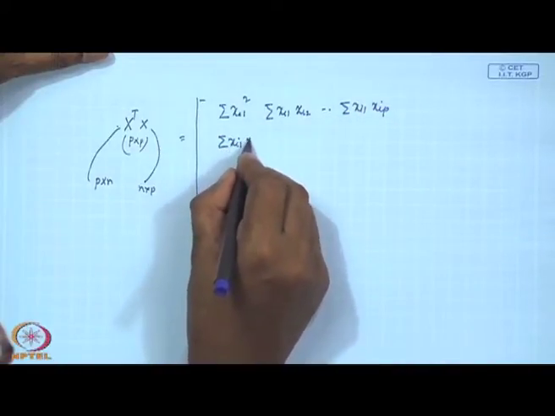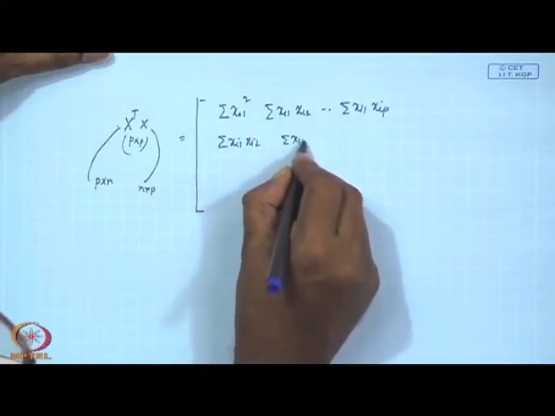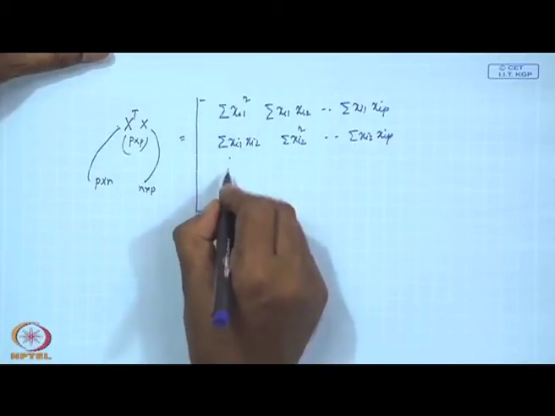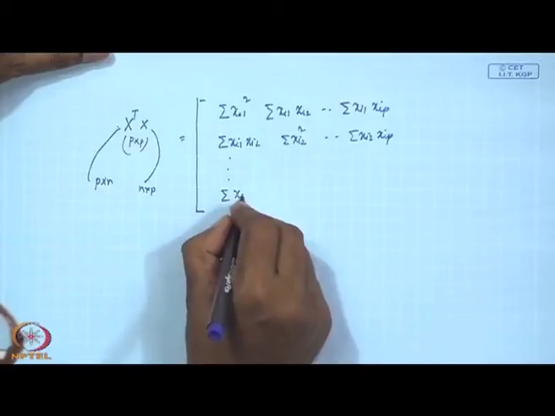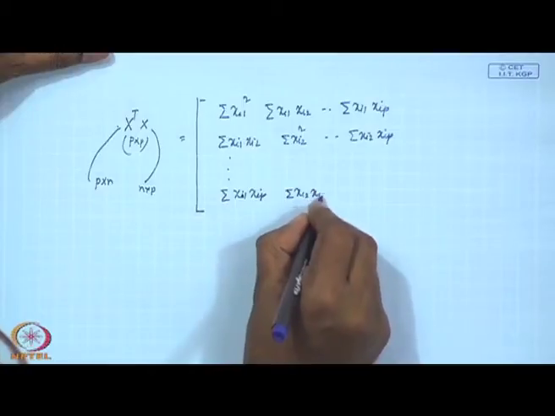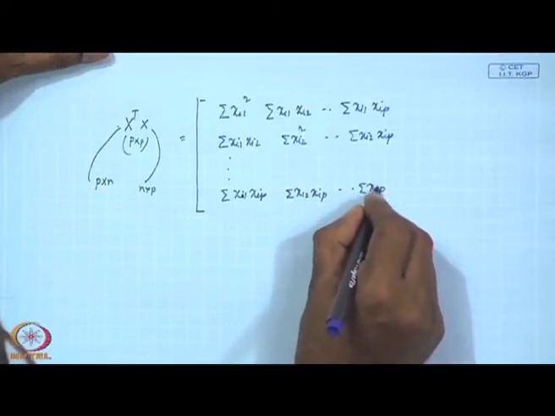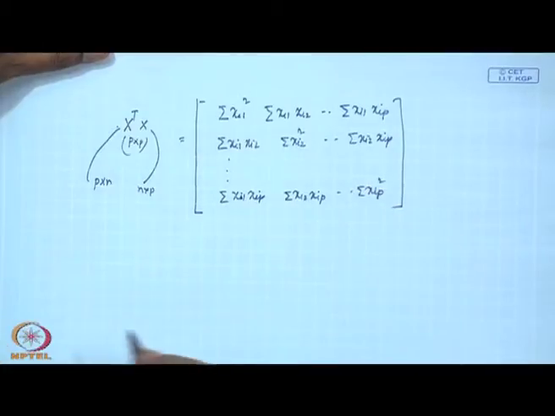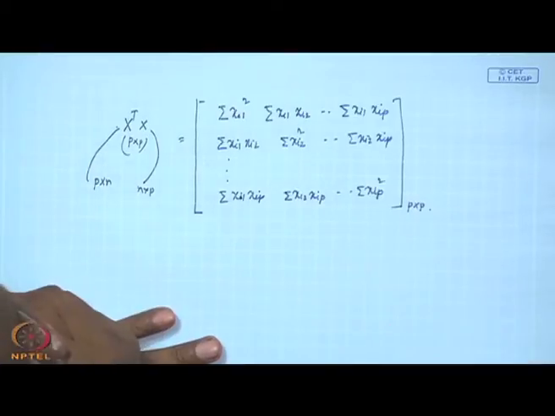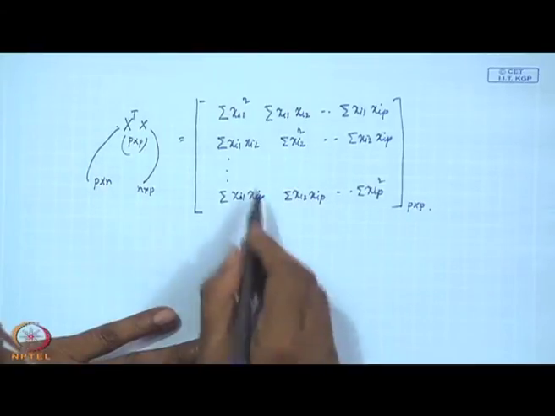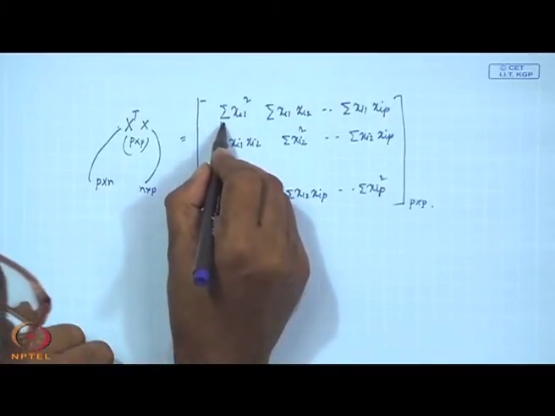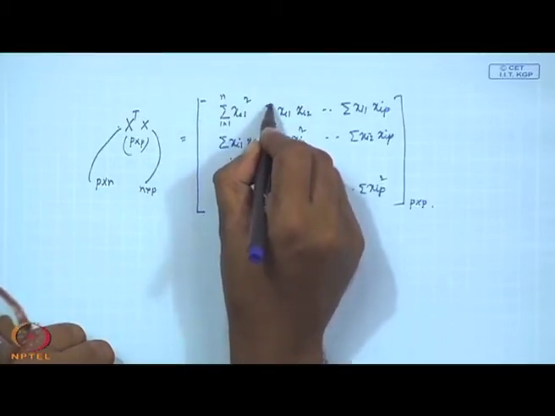Here x i1 x i2, here x i2 square, then x i2 x ip. Similarly, I am writing all those things: x i1 x ip, x i2 x ip, then x ip square. Okay. So, it is a p cross p matrix. Correct. Then i definitely equal to 1 to n, all cases.